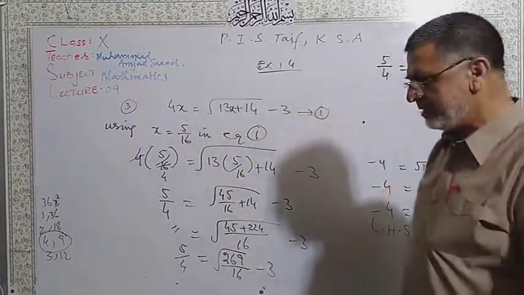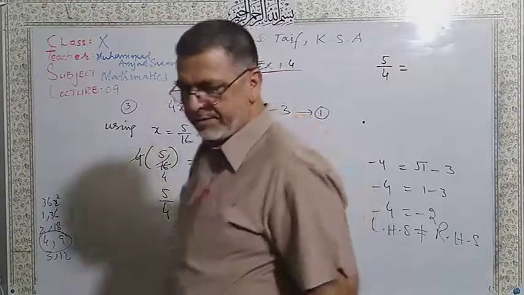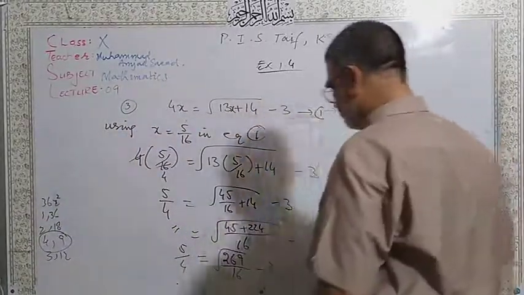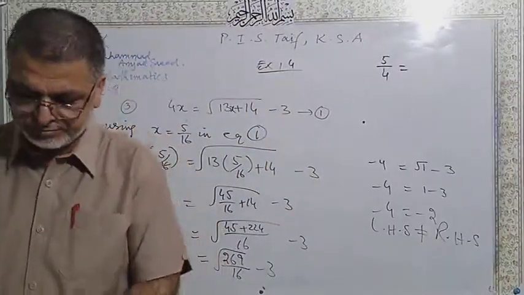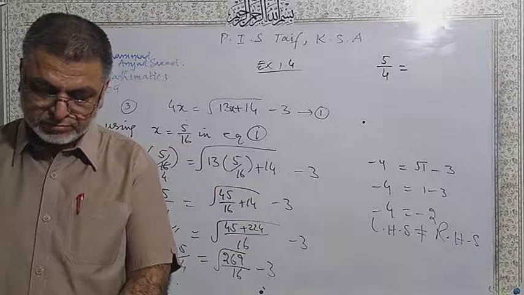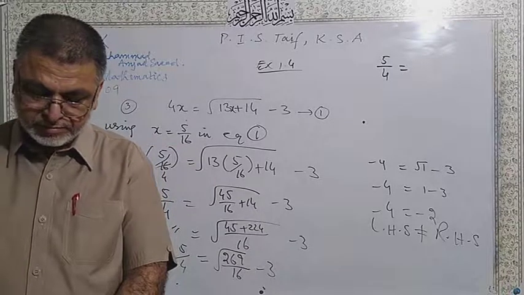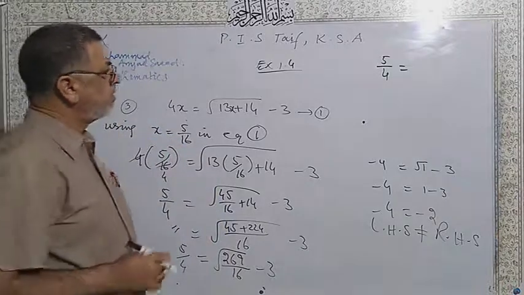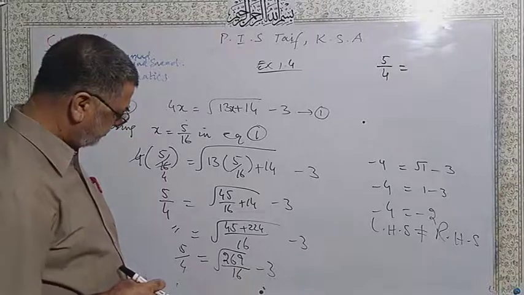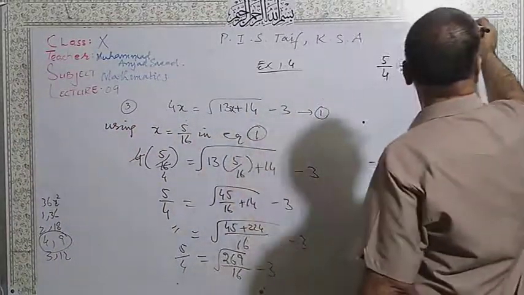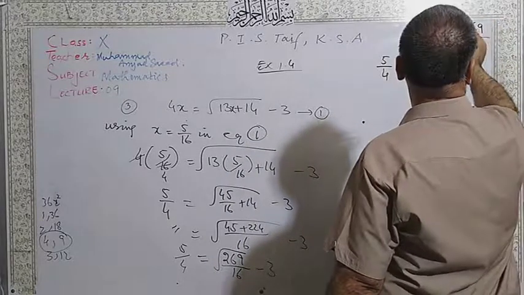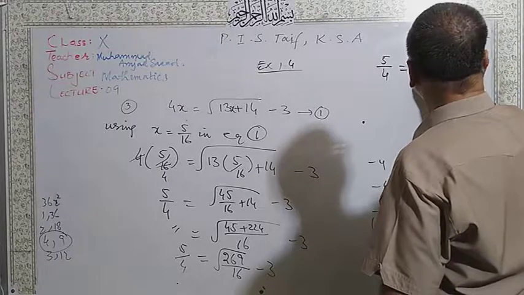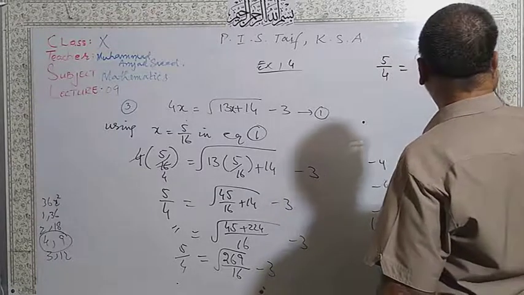Remember that 269, here it is the square root of 269 over 4, minus 3.